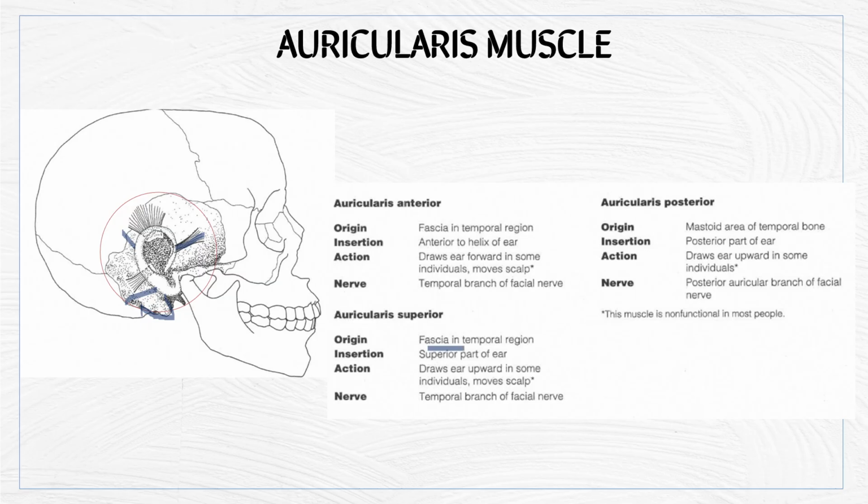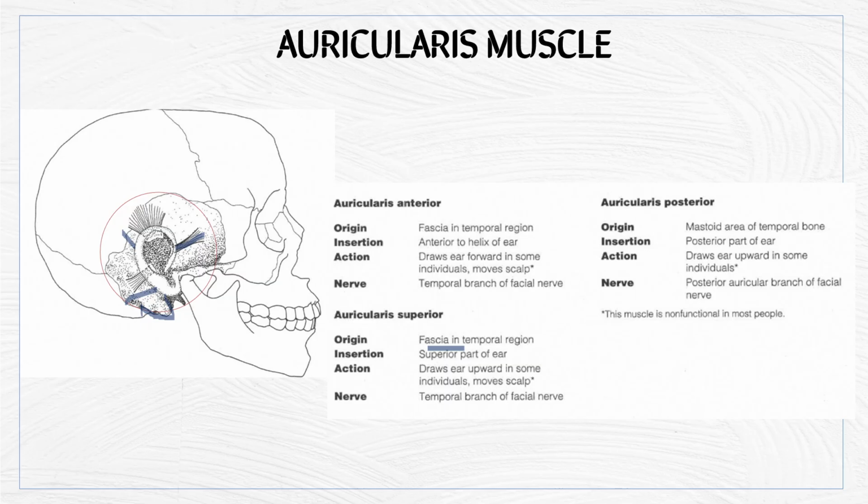The anterior, as its name suggests, inserts anterior to the helix of the ear, the posterior inserts posterior to the ear, and the superior inserts superior to the ear. As it is superiorly placed, the auricularis superior draws the ear upward during scalp movement, the anterior draws the ear forward, and the posterior draws it backward and upward in some individuals.